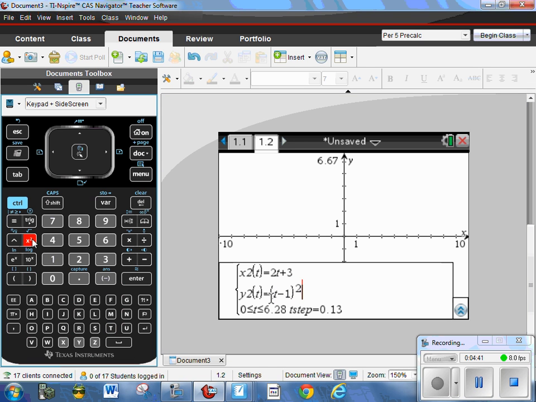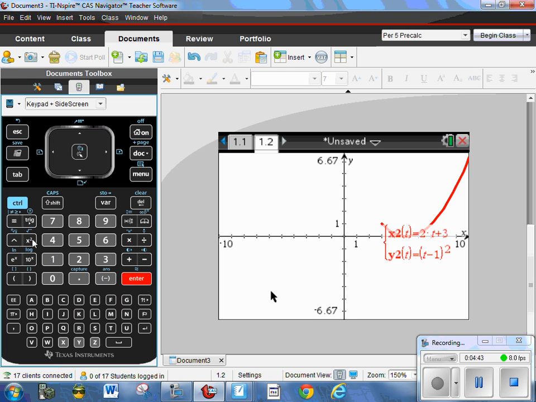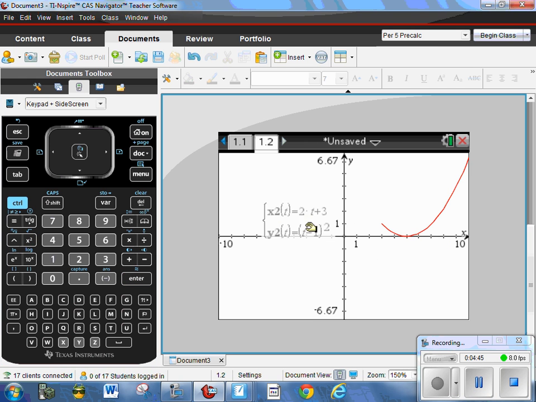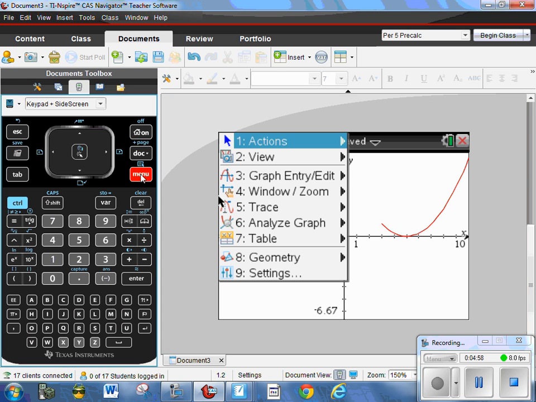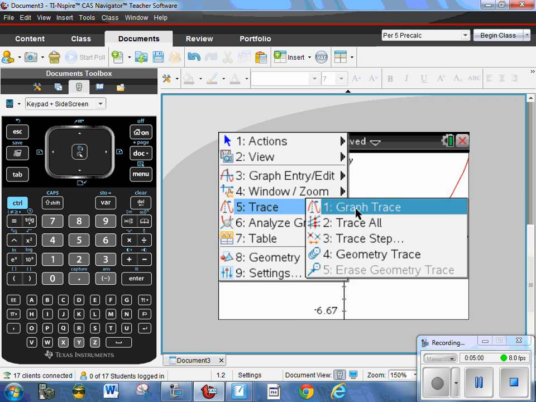And if I push enter now, I get a graph. But notice it's not the whole graph. It's not the graph that you saw before. It's only part of the graph. It starts right here. If we were to trace this, and I should have traced in the other class, let me go to Menu and Trace, Graph Trace.